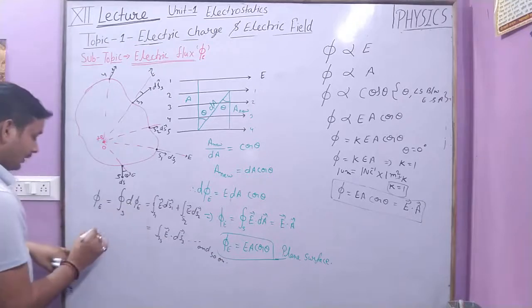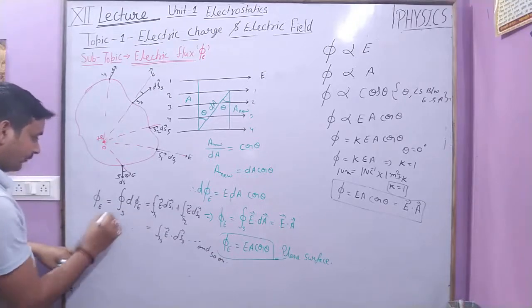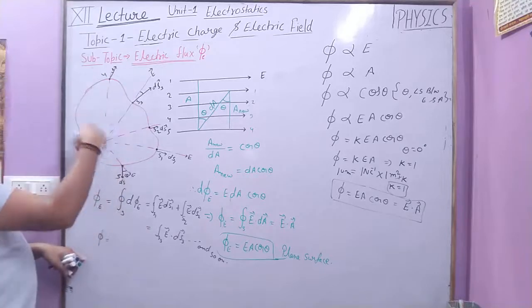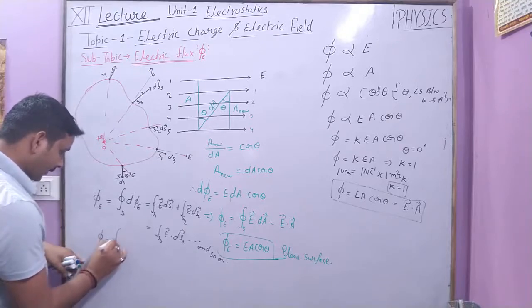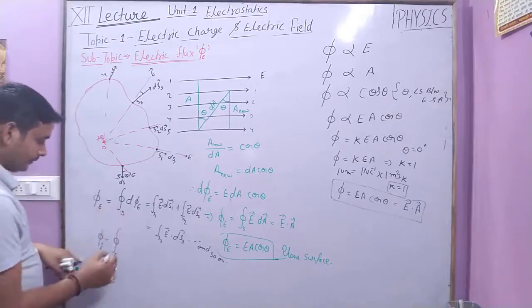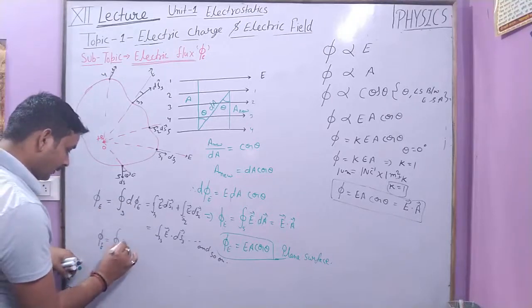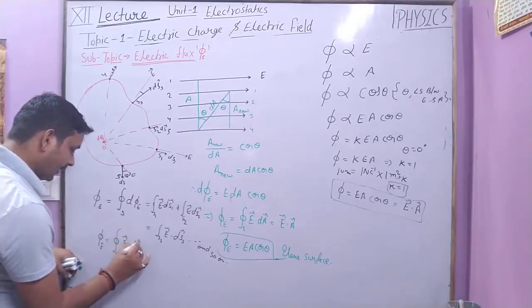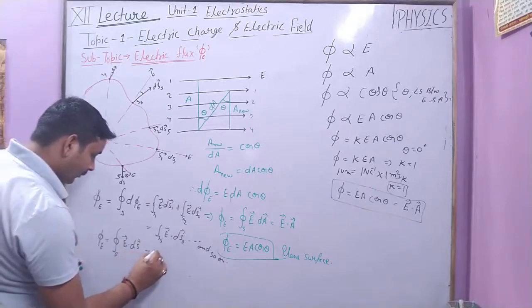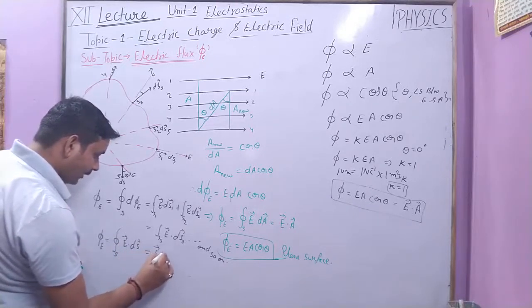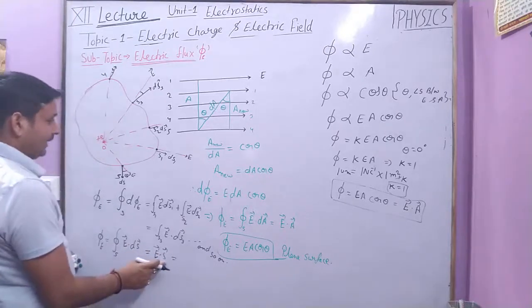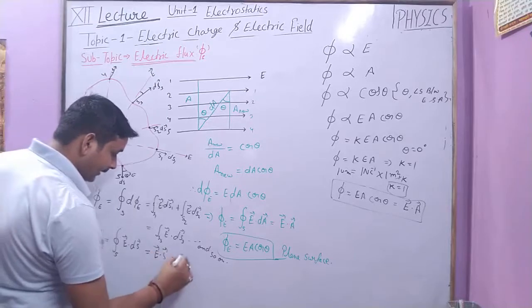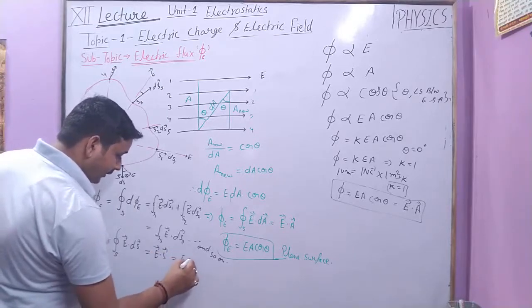Okay, therefore the final result for the flux for the curved surface is given by the surface integral of E dot dS, which is finally equal to vector E dot vector S, where vector S is the surface area of the surface, and this gives Es cos theta.